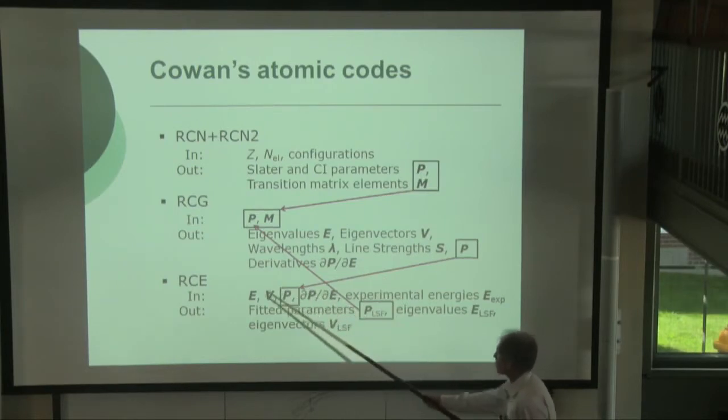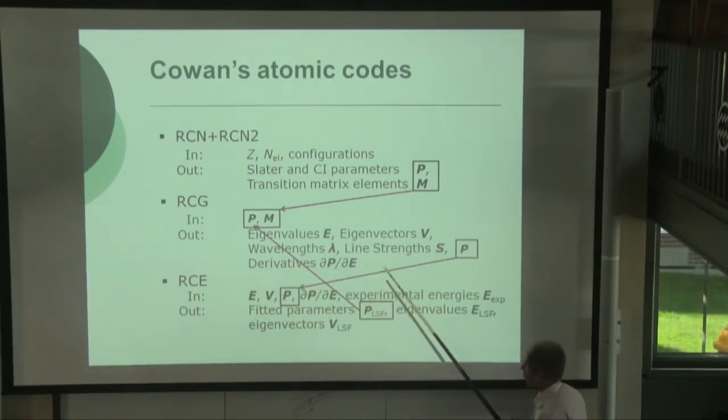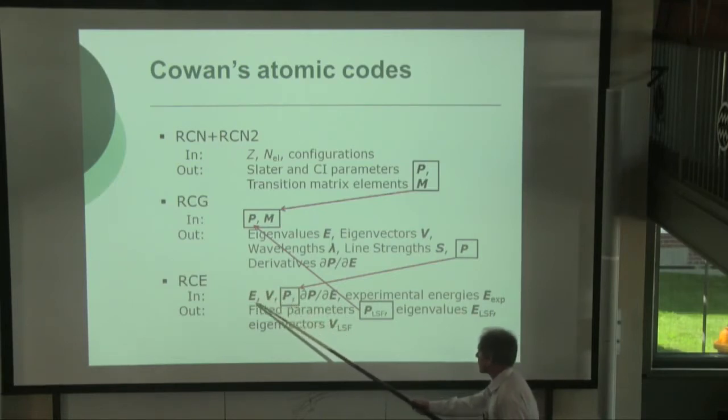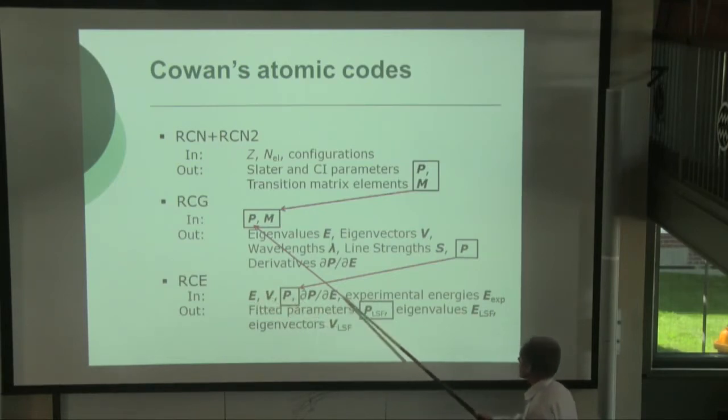Then the next code, the final one, which is used for this least squares adjustment procedure, reads in all this information from the previous code, especially the parameter values and eigenvalues and eigenvectors, and this matrix of derivatives.